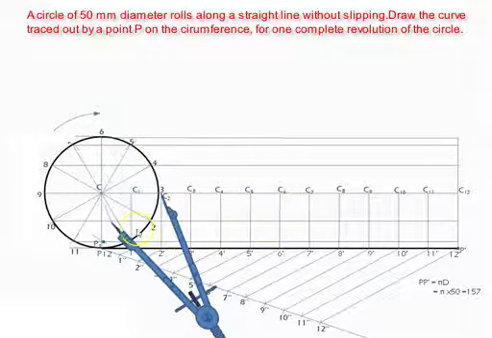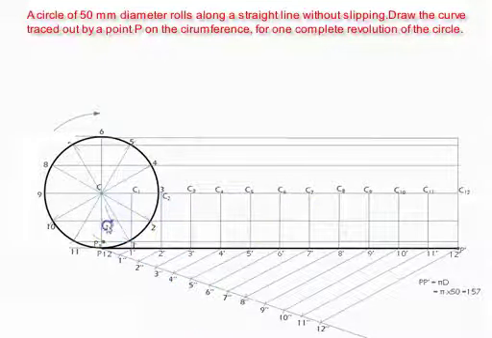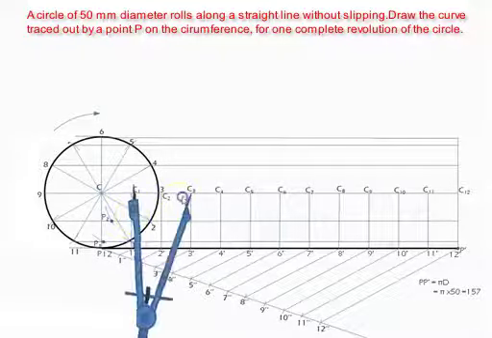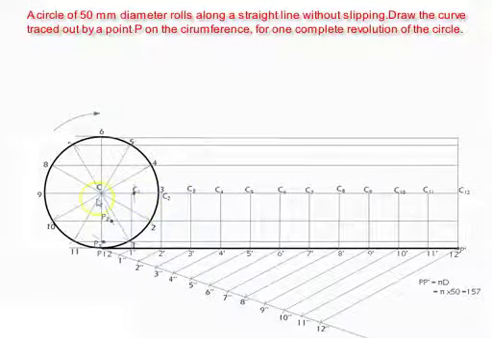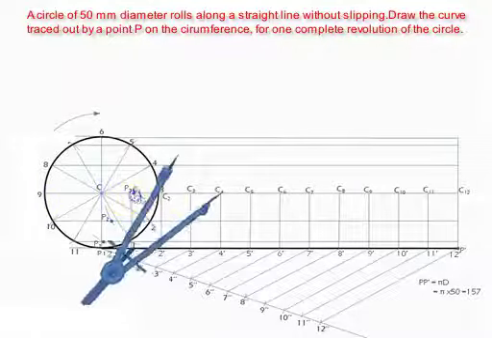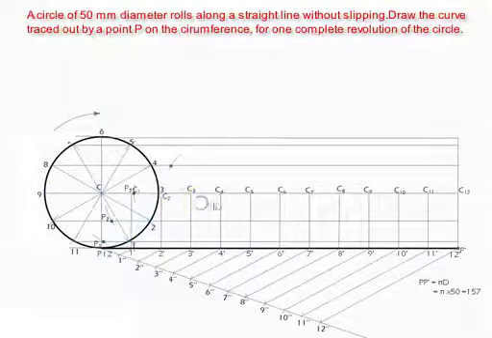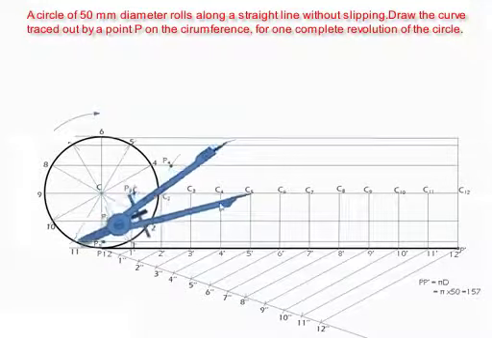Similarly, take the same distance, 25 mm, and with C3 as a center, cut the horizontal line passing through the points 9 and 3 by means of an arc, which gives you the point P3. You can see here we obtained the point P3, then P4, P5.